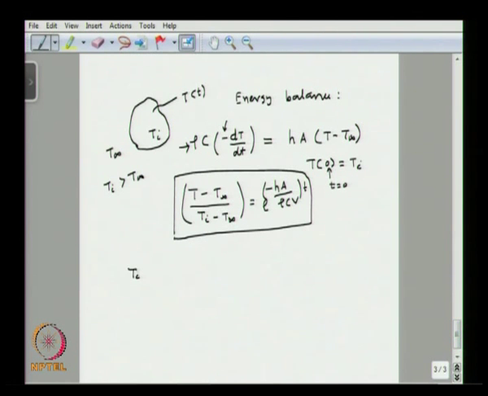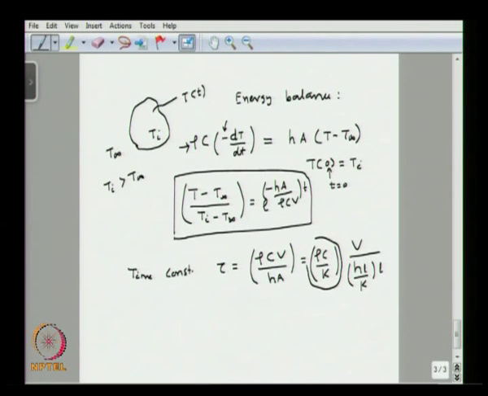So, we can write the time constant, tau, is going to be rho C V over H into A. So, you can write this as rho C over K into V divided by H L over K into L. So, this term is 1 over alpha, alpha is called thermal diffusivity, which is a property of material, and this is known as Biot number, which is a constant.